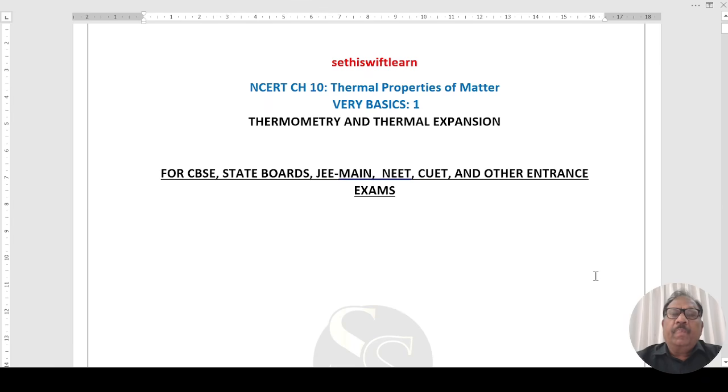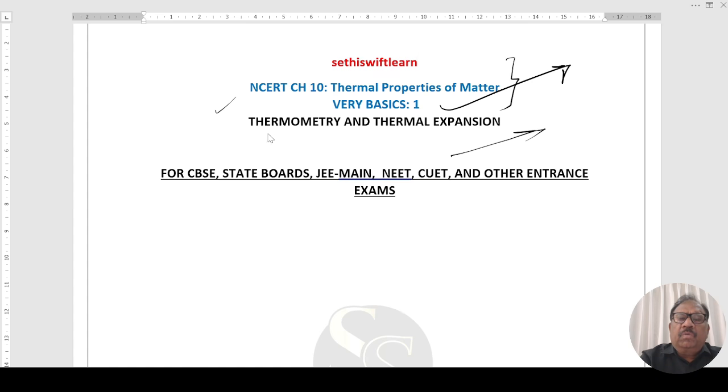Hello students, in today's session of the NCERT chapter Thermal Properties of Matter, we cover the very basics of thermometry and thermal expansion. Basics will be cleared through illustrations.